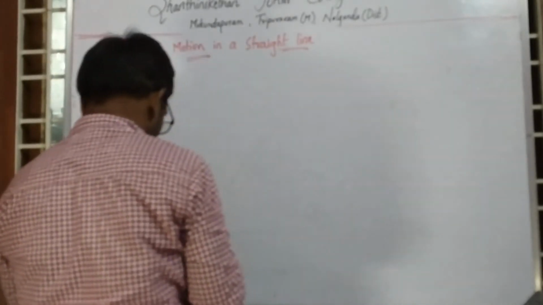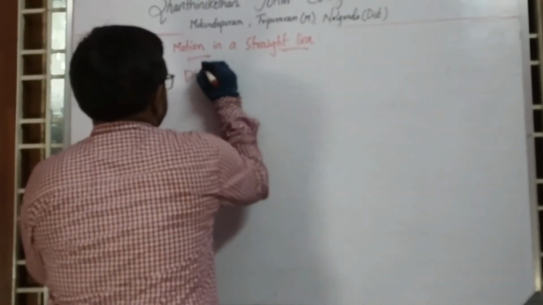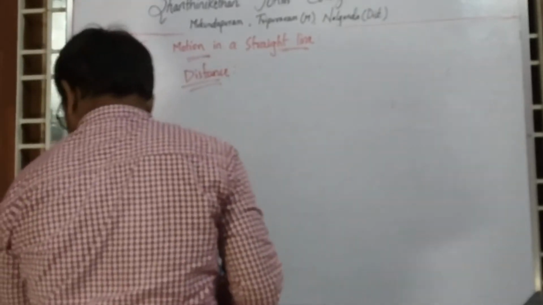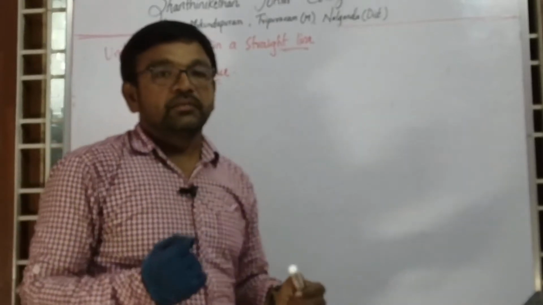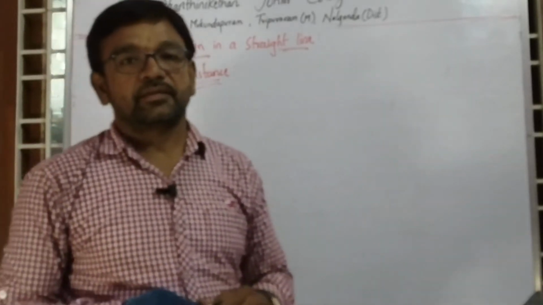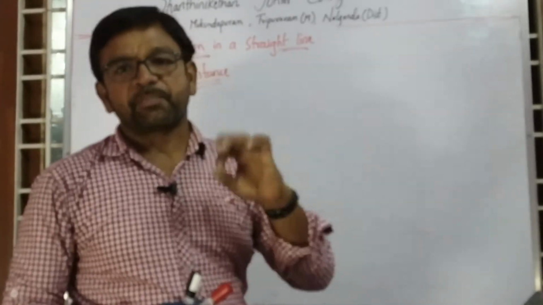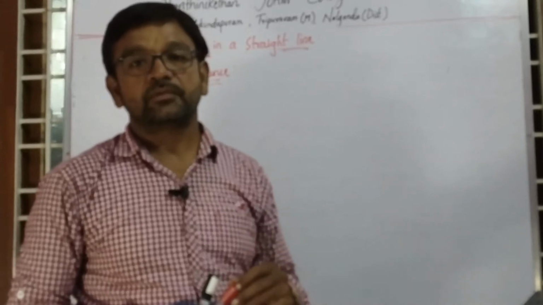Then, distance. The path traced by an object in any direction, maintaining some path length, is known as distance. What did I tell you?